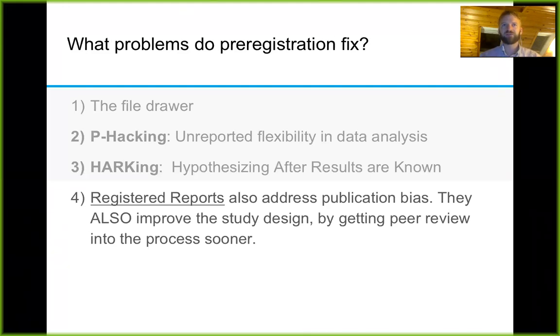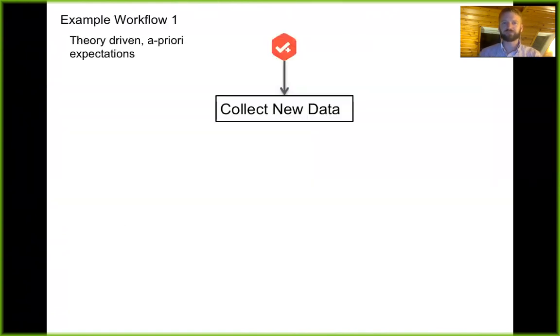The peer reviewers and the statisticians involved in that process can really give great feedback on the study design or the analysis design at that point. So that really greatly improves the work that's being conducted. We all sort of lament or bemoan a research study during peer review that was critically flawed, and if only they had done something different. Well, registered reports can address those types of problems too.